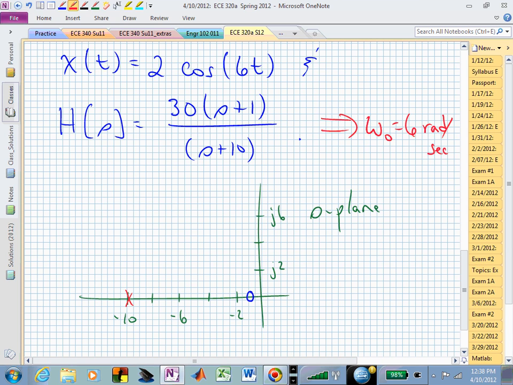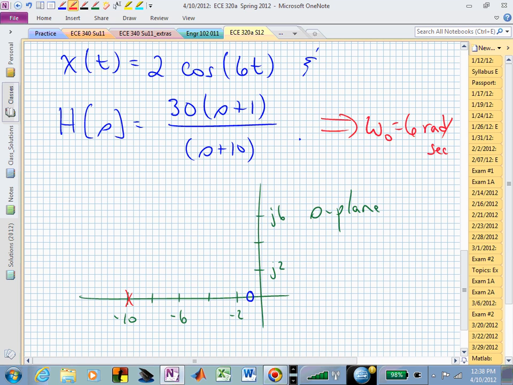And 2 pi times 1 would be 6.28, so it's roughly 1 hertz. We're exciting this system, (30s + 1)/(s + 10), at 1 hertz. So that's going up and down at 1 cycle per second, roughly.